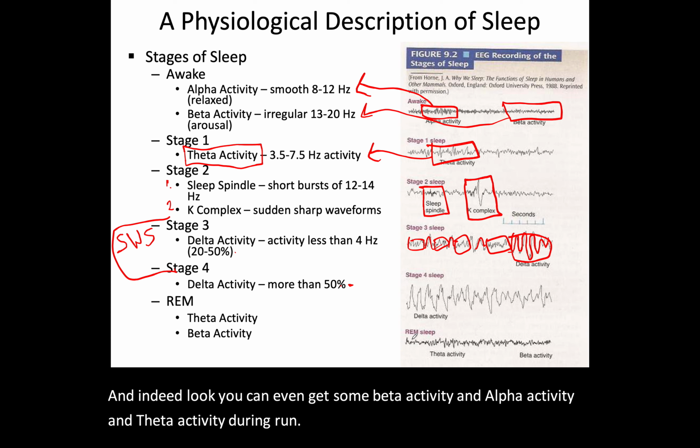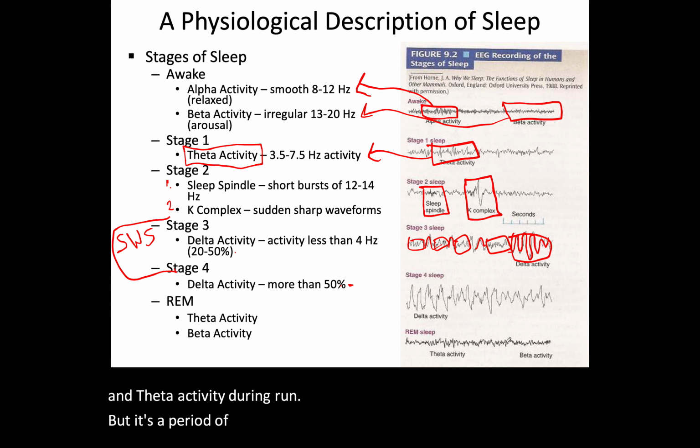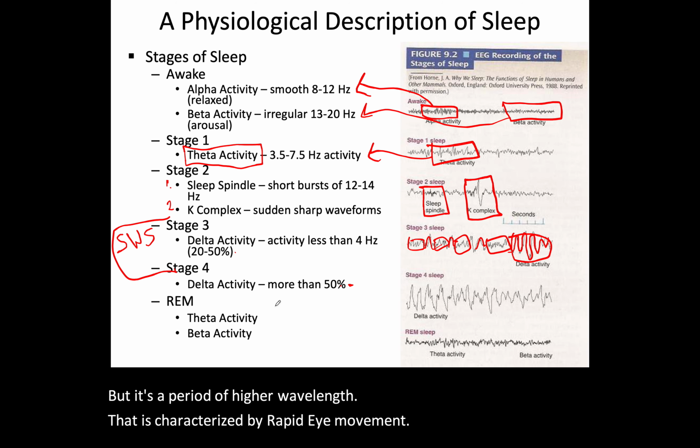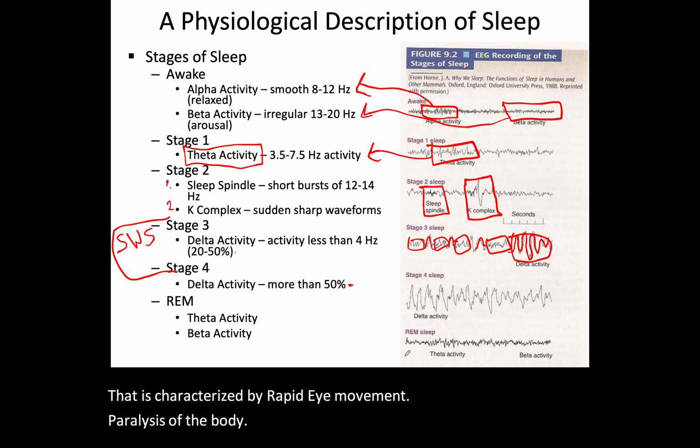But it's a period of higher wavelength that is characterized by rapid eye movements, paralysis of the body, an increase in heart rate, and a significant increase in brain activity.